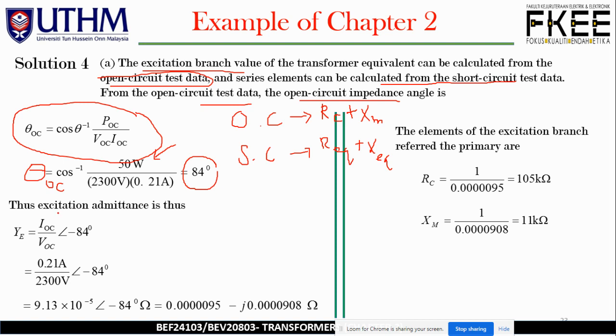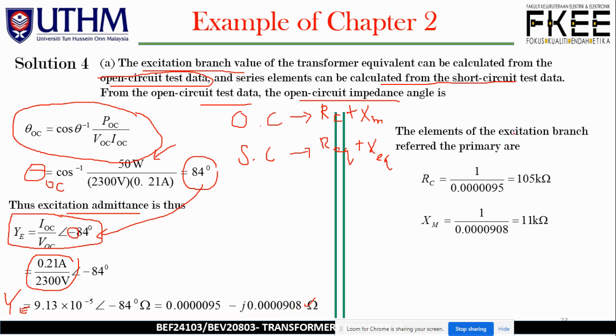And thus, the excitation admittance YE equals IOC over VOC. Again, this is what we have come across in the slide earlier. So substitute the value of theta. Remember the negative angle over here. IOC and VOC, you just pick from the question and substitute into this excitation admittance, giving YE equal to 0.000095 minus j0.000908 ohm.